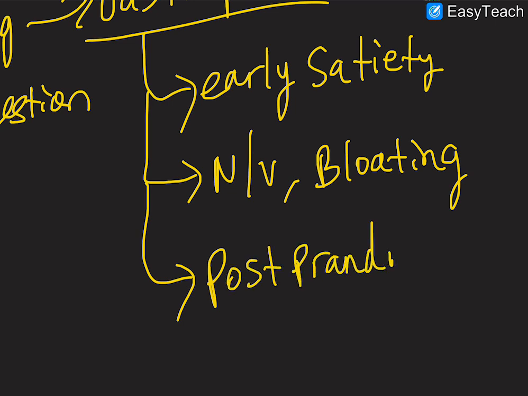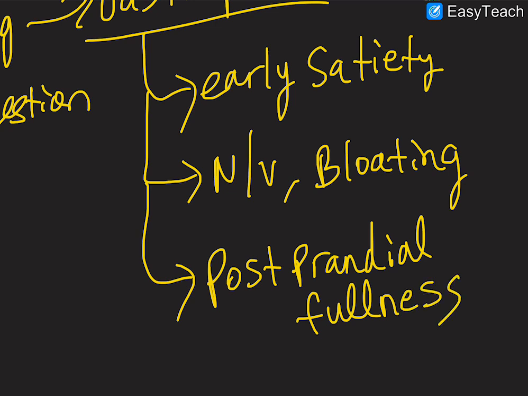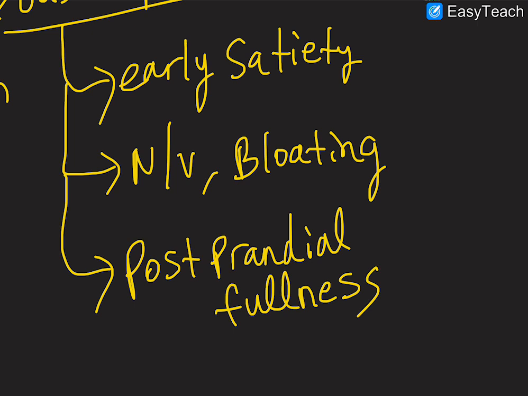By the way, you can also see gastroparesis in patients with diabetes, because diabetes can also damage your peripheral nerves. Those are the main findings for familial amyloid cardiomyopathy overall.